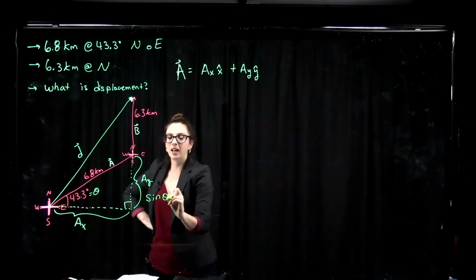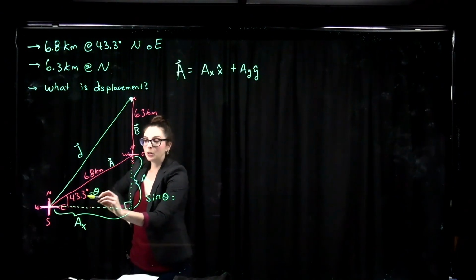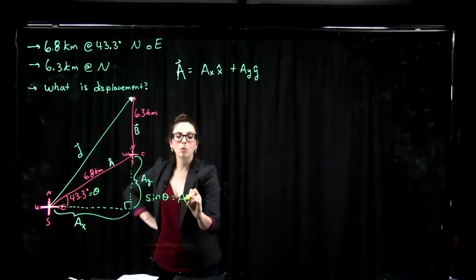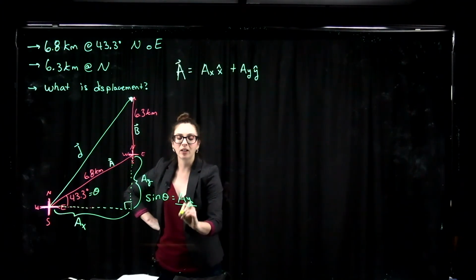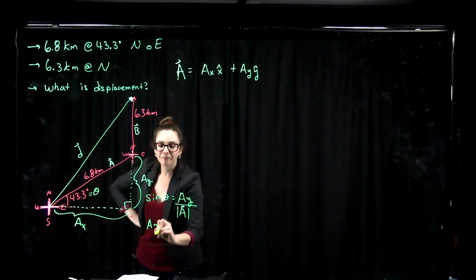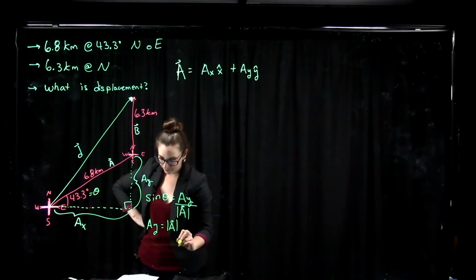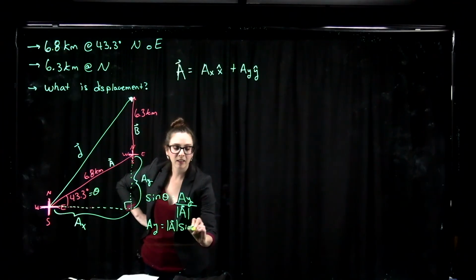Sine theta is equal to, sine is opposite over hypotenuse, so that's equal to AY, the Y component of my A vector, over the magnitude of my A vector. That's our 6.8 kilometers. So AY is equal to the magnitude of A sine theta.